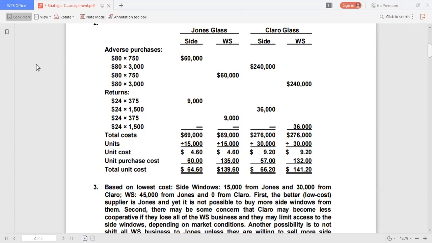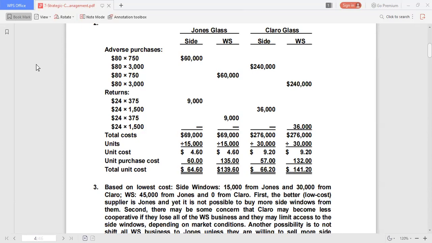Now, with regards to the purchase of windshields, there's no limit. However, Ventana can decide where to purchase since there is no limit. And of course, it will choose the supplier with the lower unit cost.